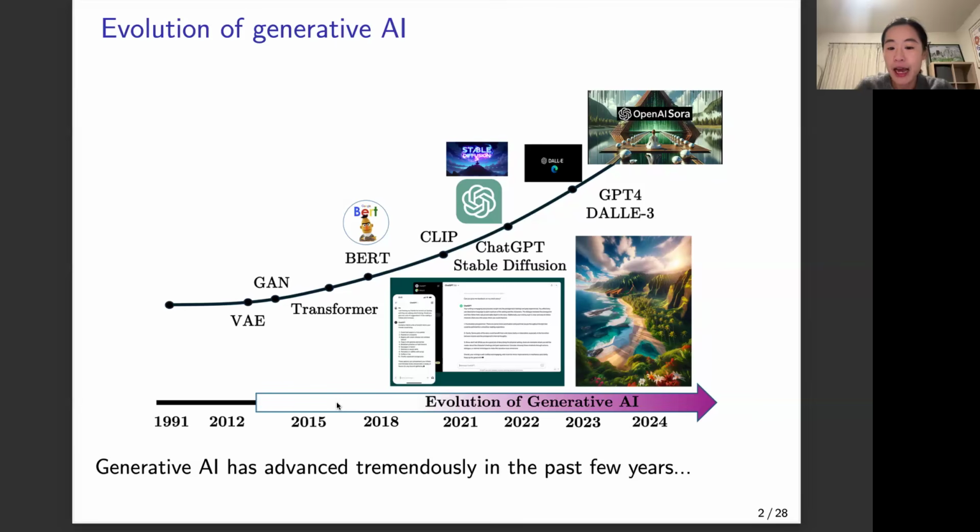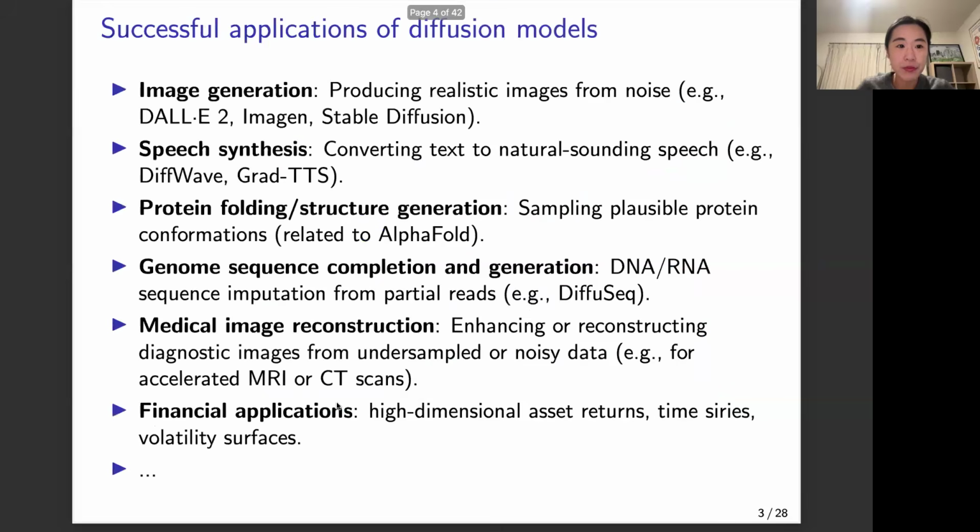And I believe that there will be more exciting applications in the vertical stream, in all different kinds of applications that we'll see in the next few years. Today, I will focus on one specific generative AI architecture, which is called diffusion models.